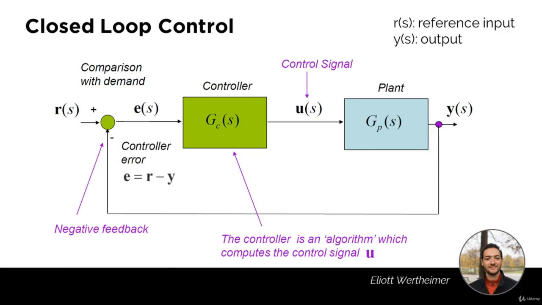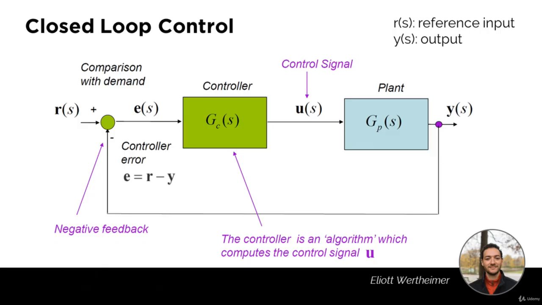Well, exactly like in open loop control, we have an output signal Y(s) and a reference input R(s). Here though, we take the difference between the reference input and the Y(s) output in order to measure the error between the two. This error is written E(s).